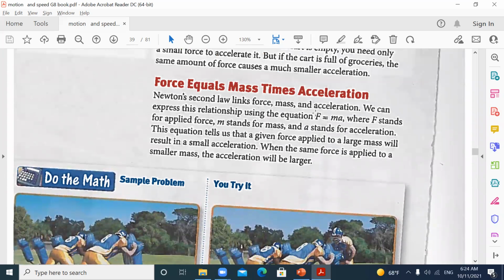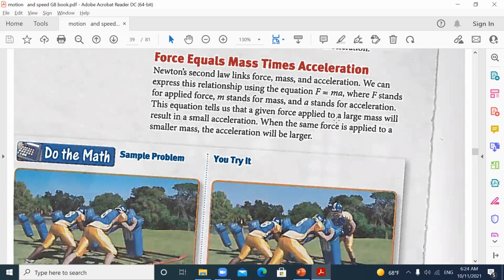So we can write 1 N equals 1 kilogram multiplied by 1 meter per second squared.